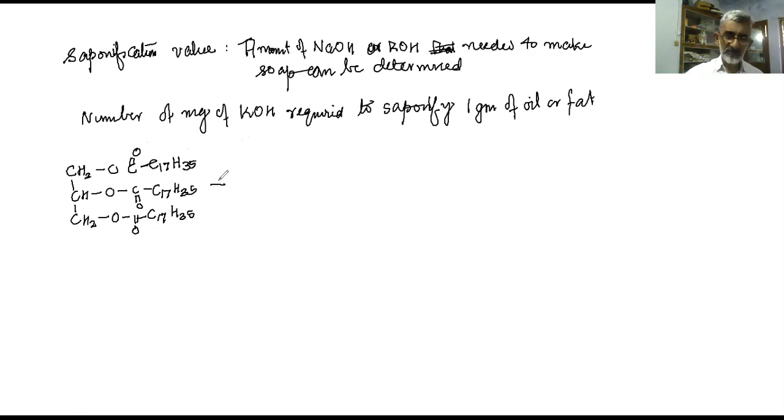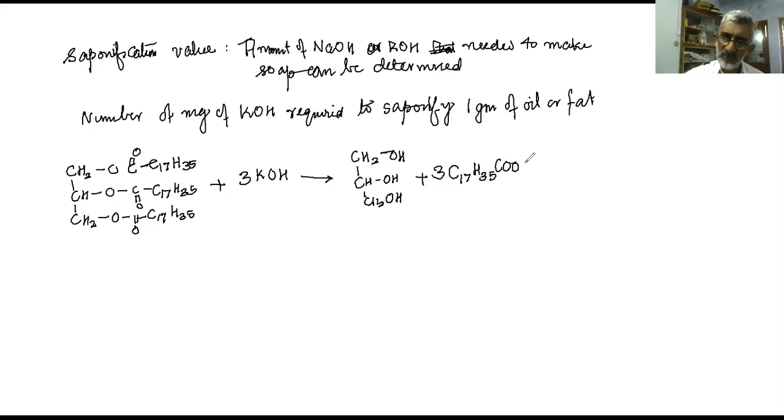Now, this will react with 3 moles of potassium hydroxide, and that will give 1 mole of glycerol, CH2OH, which will be free, plus 3 moles of C17H35COO minus K plus.